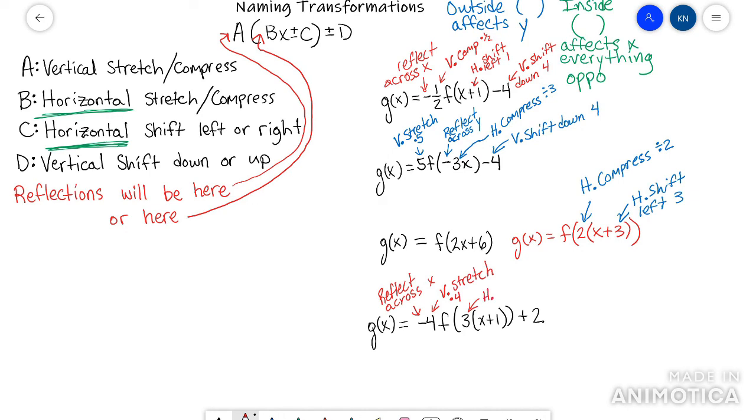It's timesing by 3, but it's opposite, so it's actually a compression. Get to the C slot, the +1, that's horizontal. It's a shift. And it's 1 to the left. Remember, it's lying. It's opposite inside the parentheses. And then the last one is this +2. It's in the D slot, so it's a vertical shift. And it's telling the truth. You do what it says, so just say up 2.